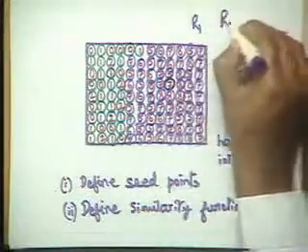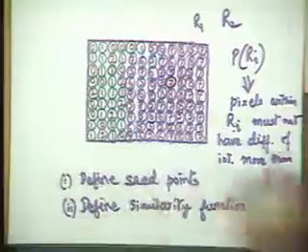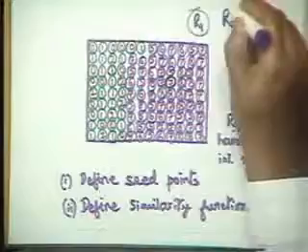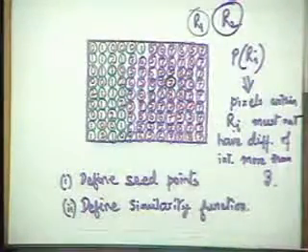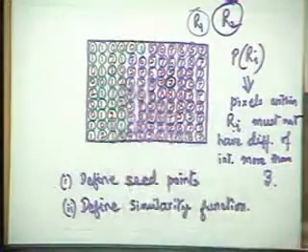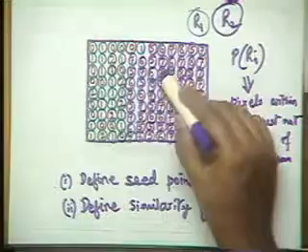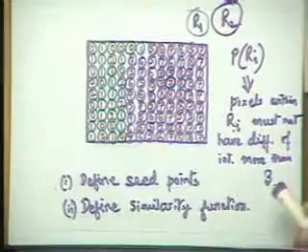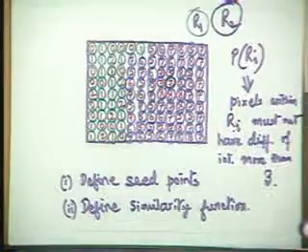Let us call the green region R1 and the blue region R2. And the union of R1 and R2 leads to R. If it does not, then possibly a third region R3 exists. Supposing somewhere here I have a set of pixels which do not fulfill the defined similarity property, then we have to go in for a third region.